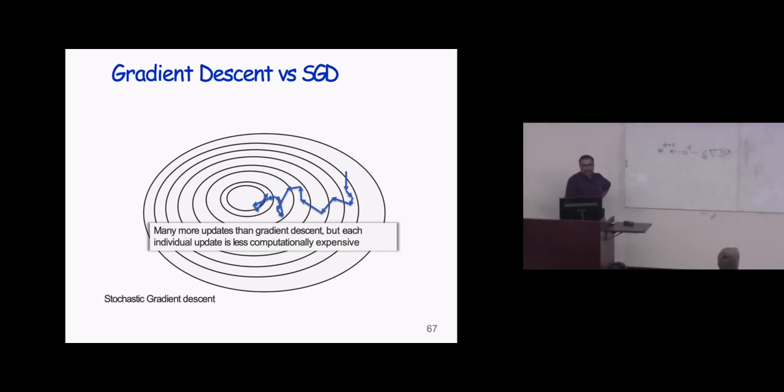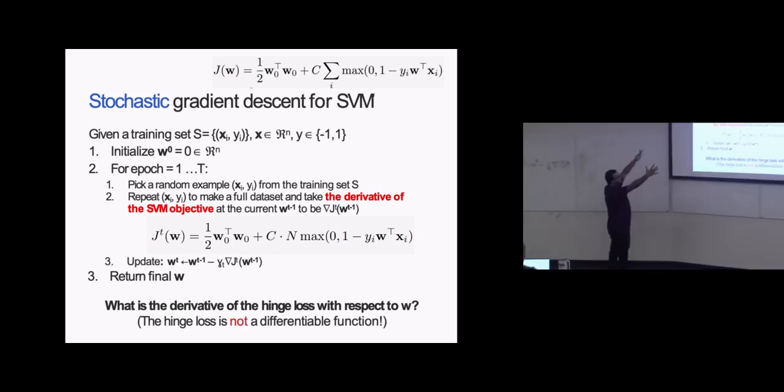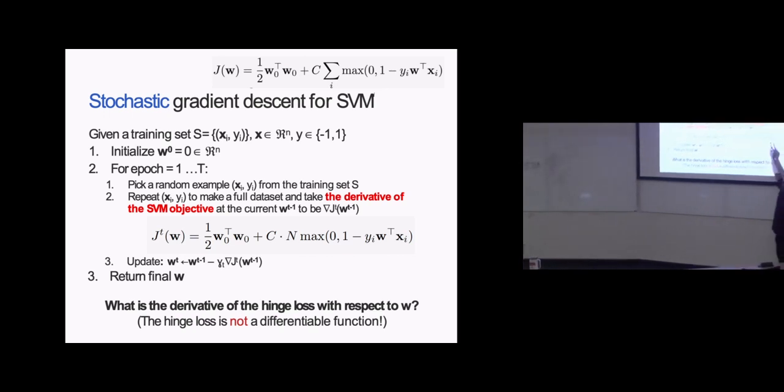But we haven't yet solved that big problem. What was that? The max function problem, right? What do we do with this max function? We have a single function, we have gradient descent, and we have stochastic gradient descent that is efficient, but we still don't know what the derivative of this is.